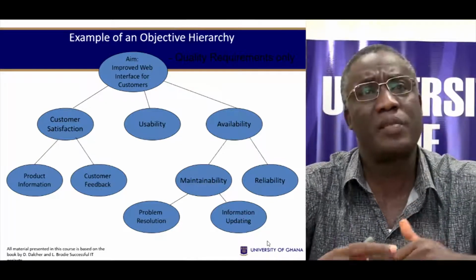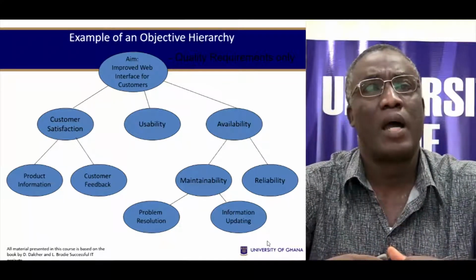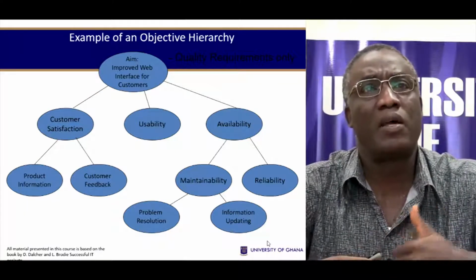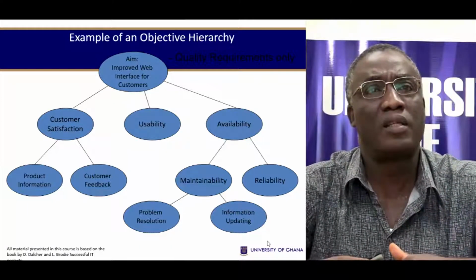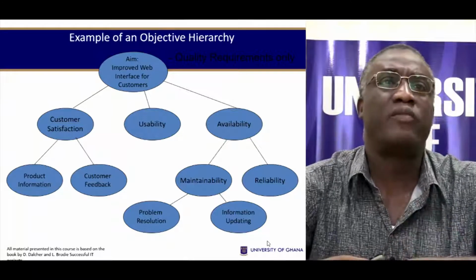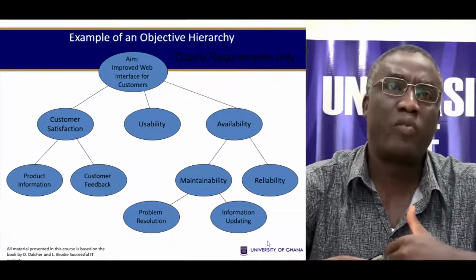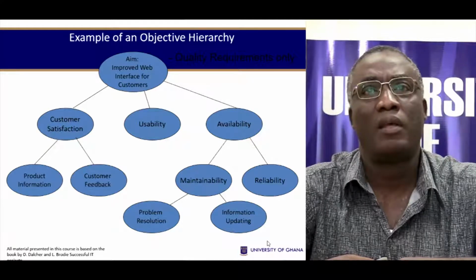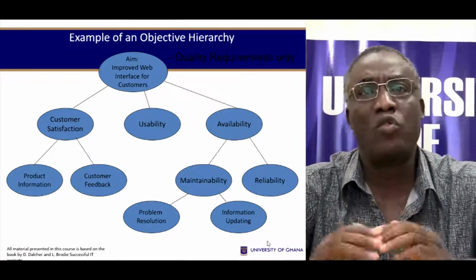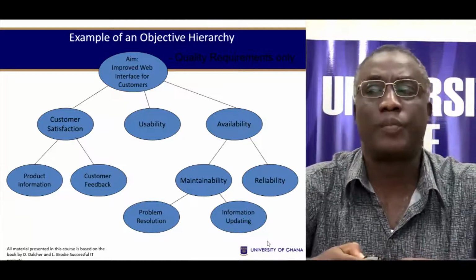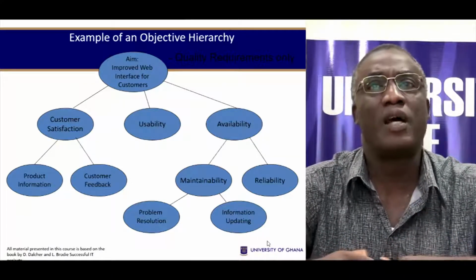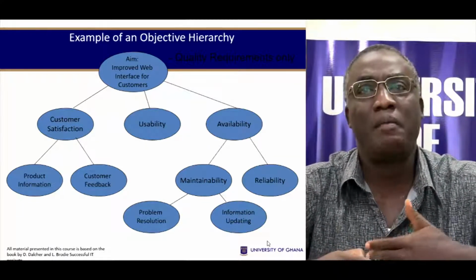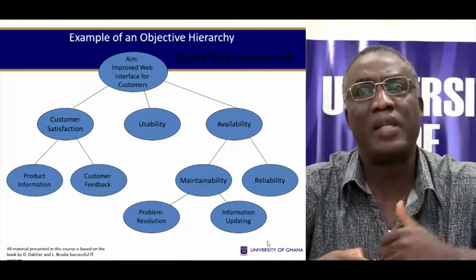Now, if you take customer satisfaction, how do you achieve that? There are two supporting objectives to that: by providing product information and by providing customer feedback. Usability, we have no supporting objectives. As for availability, how do you achieve that? By maintainability and reliability.